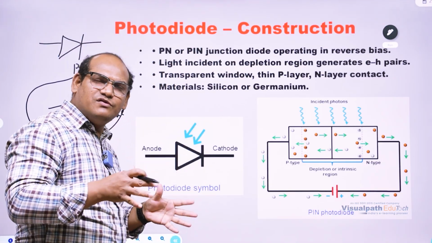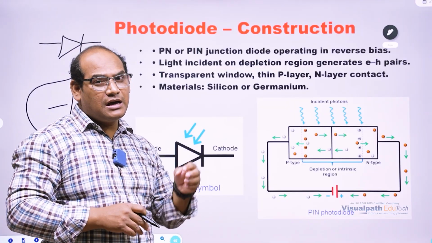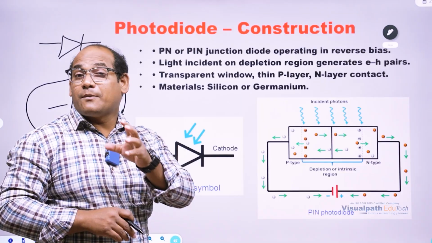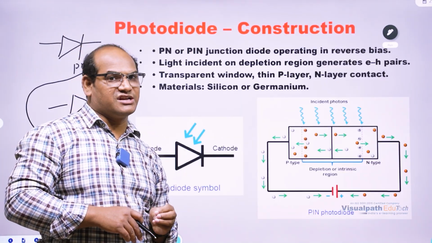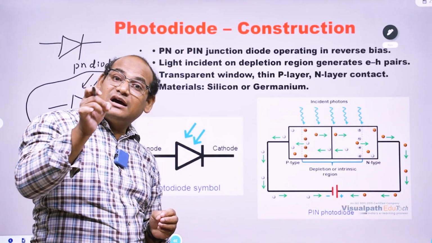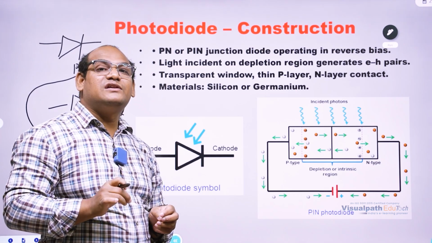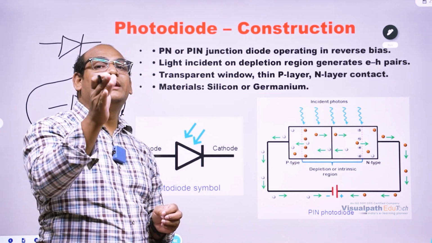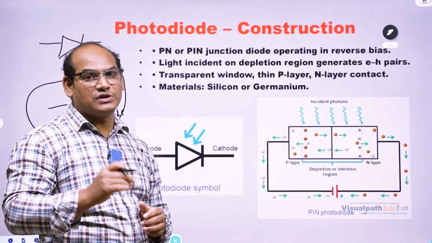Generally, if you see a Zener diode, the application of the Zener diode is as a voltage regulator. But the operation of the voltage regulator is done in the breakdown region of the Zener diode only.